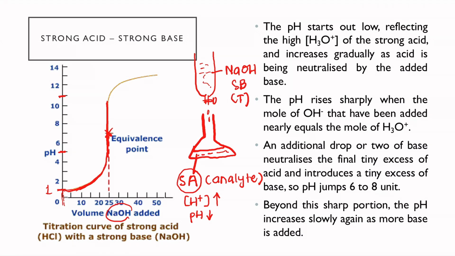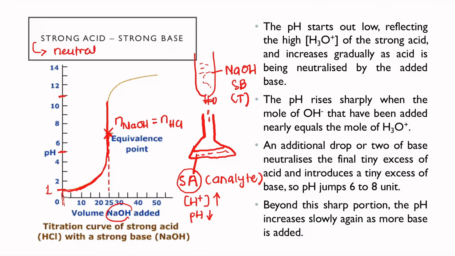So that is your pH jump. So approaching the equivalence point, awak tengah tambah base sikit demi sedikit, then you approach the equivalence point. So at this point, the number of mole of your sodium hydroxide will equal the number of mole of your HCl.